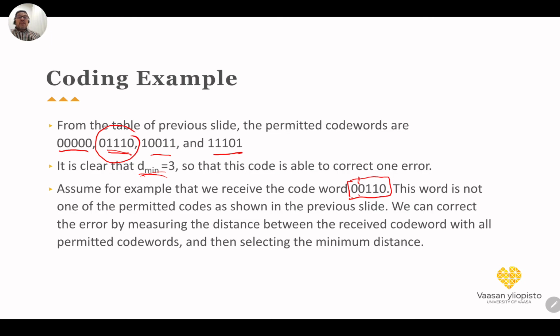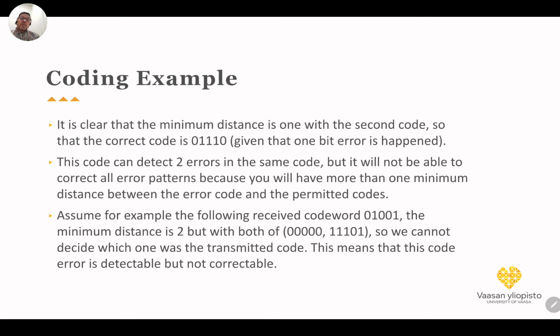As mentioned before, if this is actually due to two errors, it might be detected but cannot be corrected, as we will see in the next slide. You can see here, for example, if we receive the code 01001, and you measure the distance between this received code and all four permitted codes, you will find that this code has a minimum distance of 2, but with two codes.